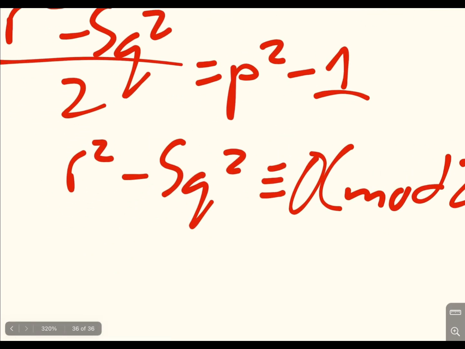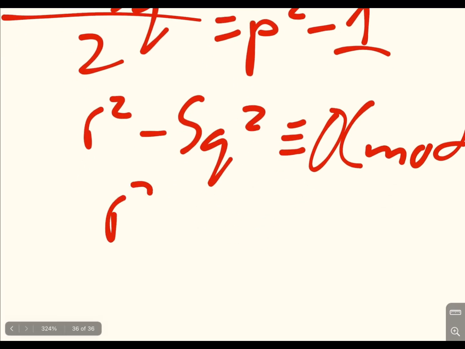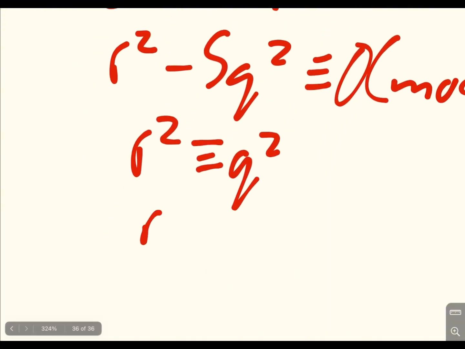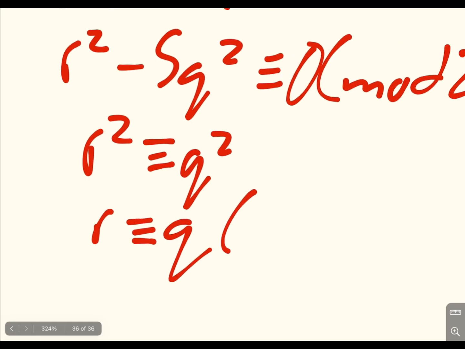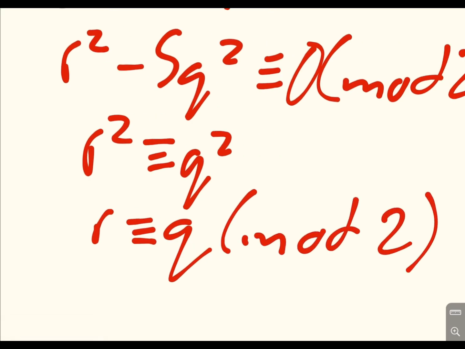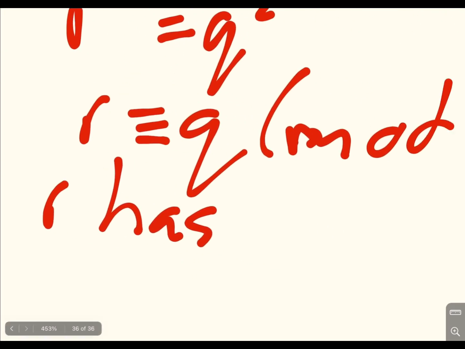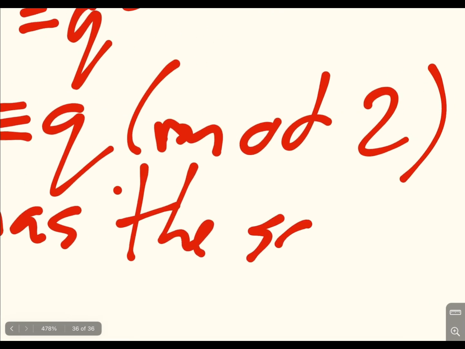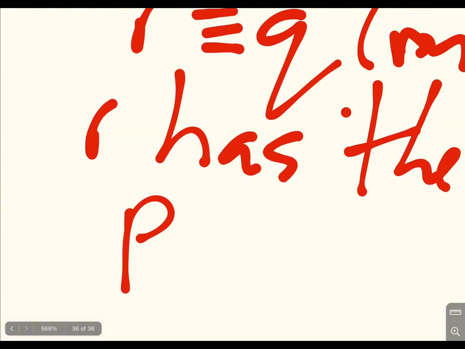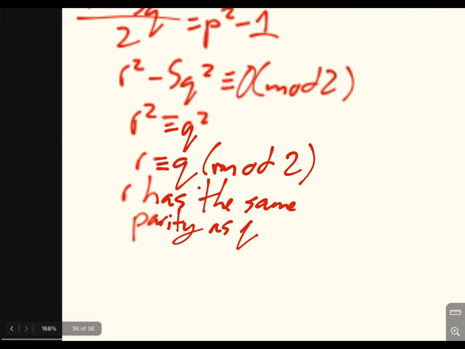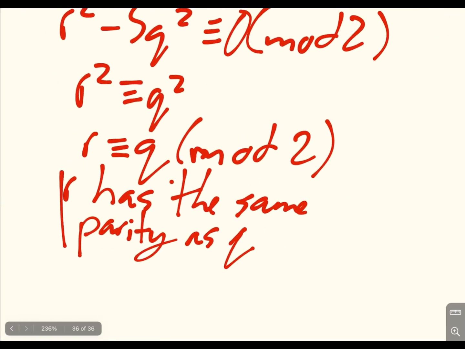When we simplify, 5 is 1 mod 2, and we move this term to the other side, and this simplifies to r squared is equal to q squared, and then this is just r is equal to q mod 2. So what this implies is that r has the same parity as q. That's pretty important.